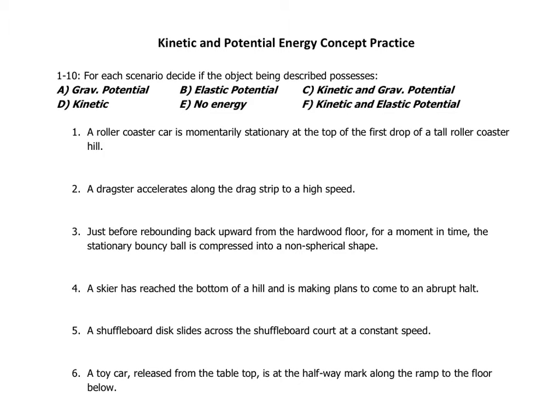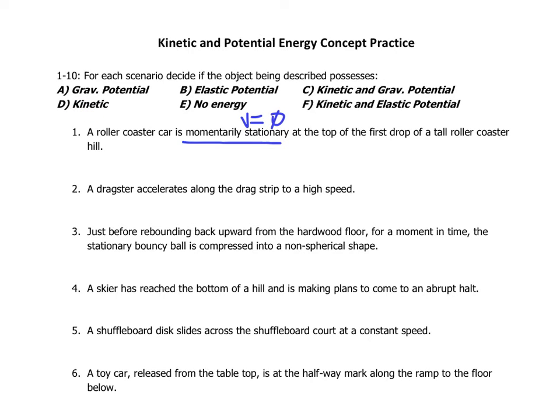Number one says a roller coaster car is momentarily stationary at the top of the first drop of a tall roller coaster. Based off of what I see here, I've got this roller coaster car that is momentarily stationary. That's telling me that it's not moving. In other words, its velocity is 0. So the object is not moving, so it will not have any kinetic energy.